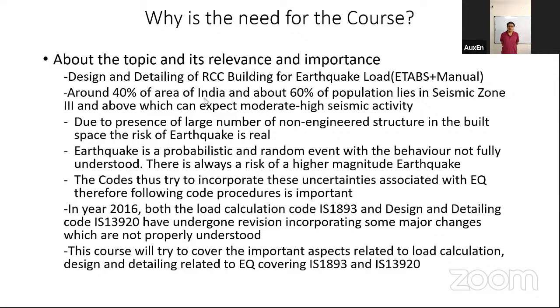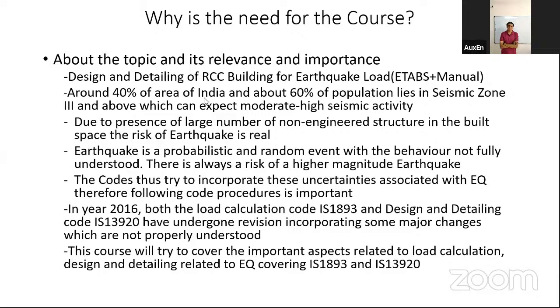There are five parts to IS 1893, and we would be focusing on IS 1893 Part 1, that is earthquake for general buildings and general provisions.